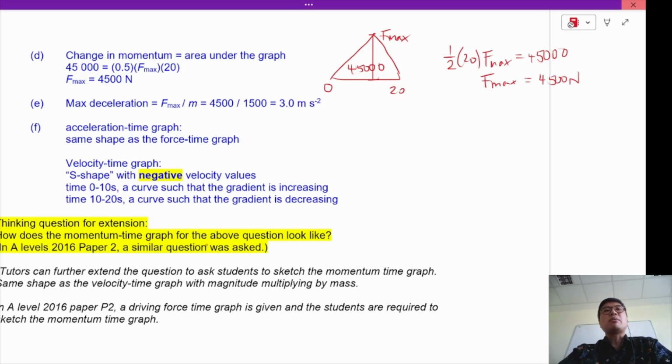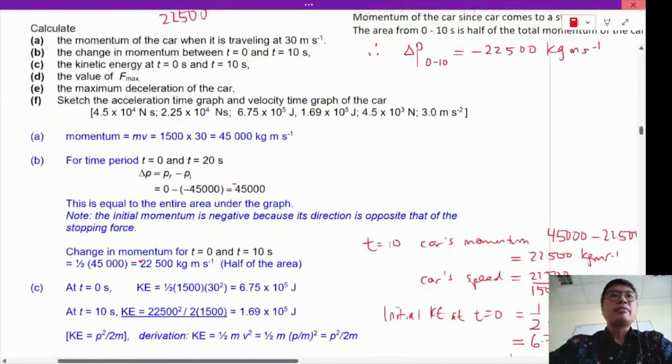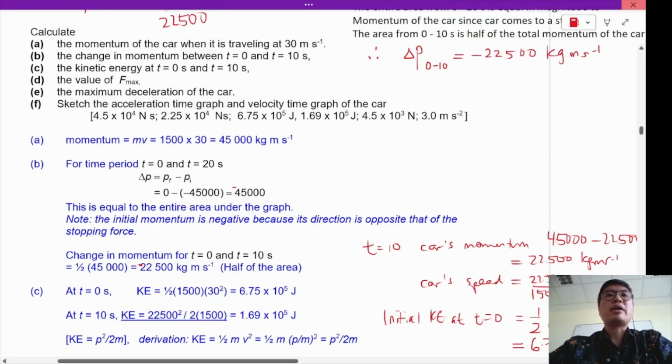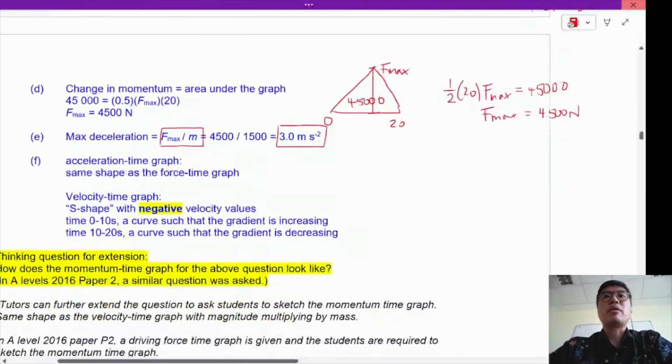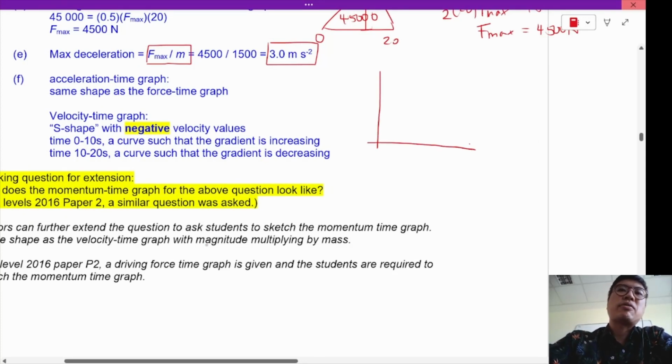Okay, so what's the maximum deceleration of the car? The maximum deceleration of the car is the maximum force divided by the mass. So the car's maximum deceleration is 3 meters per second squared. Finally, sketch the acceleration time graph and velocity time graph of the car. Now, the acceleration time graph is exactly the same as the force time graph. How come? Let's take a look.